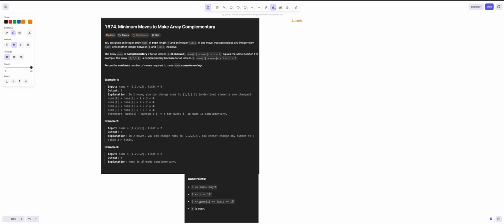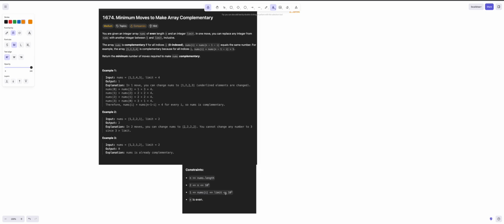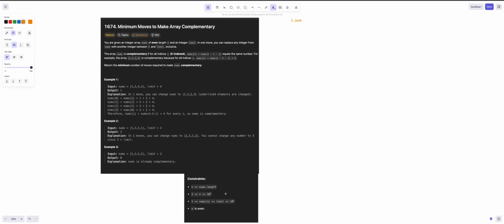It's also greater than the value of each element of nums. The maximum limit will be 100,000. That means this is a great example of a time limit problem.